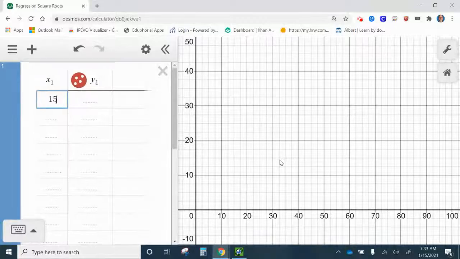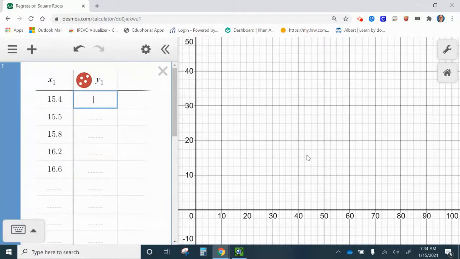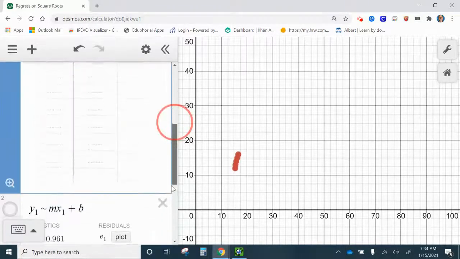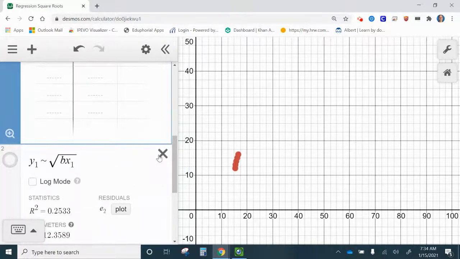So 15.4, 15.5, 15.8, 16.2, 16.6, and 12, 13, 14, 15, 16. Now, we don't want this one because that's linear. We don't want this form.